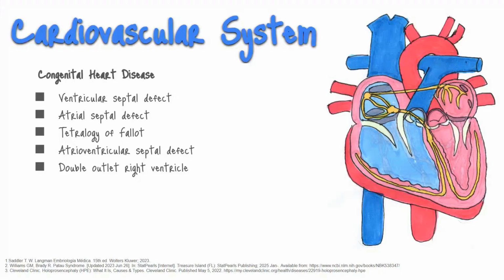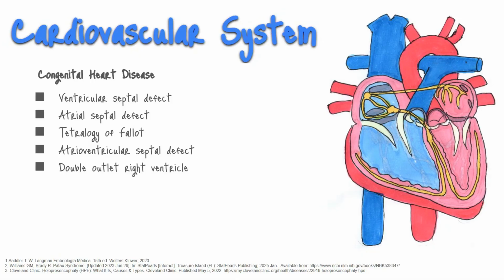Since we know now how the heart normally works, let's talk about congenital heart diseases these babies face. So, first of all, we have ventricular septal defect, which is when there is a hole here in the septum of the ventricles. They can also have an atrial septal defect when there is a hole between the atriums. There is also tetralogy of Fallot.